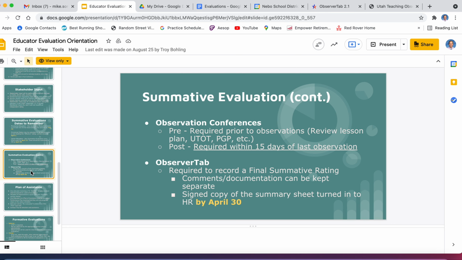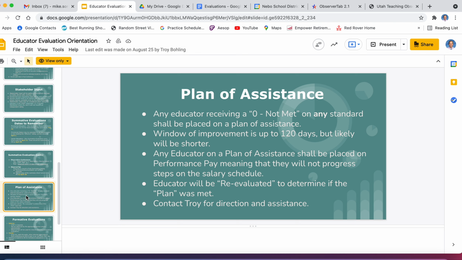So there's that. Observation conferences: if you're on the summative, we have to have a pre and post when we do those observations, and then I record that information in Observer tab. We'll talk about it. I will send it to the district by the end of April.